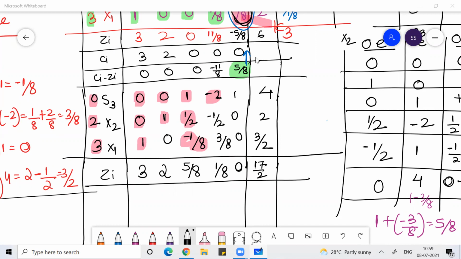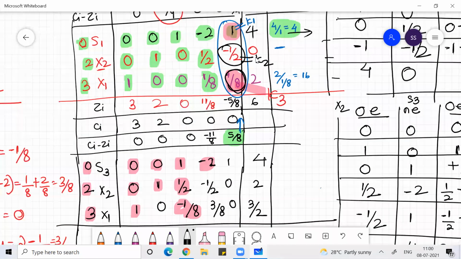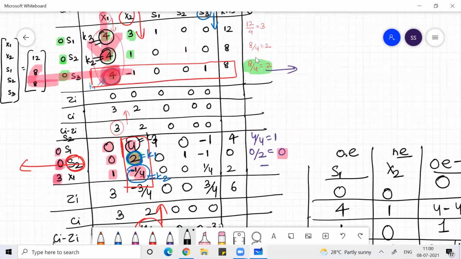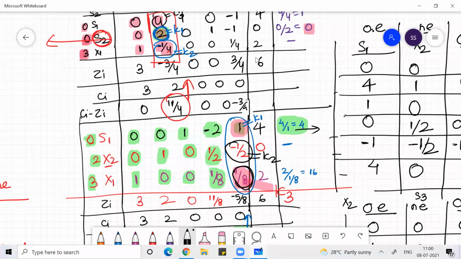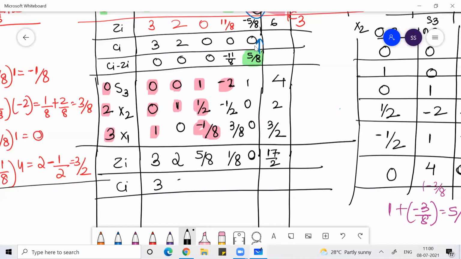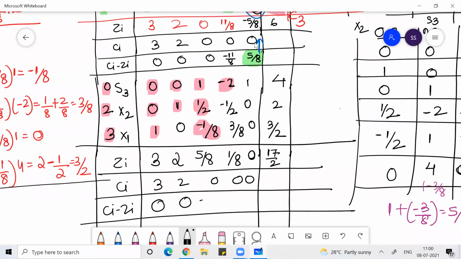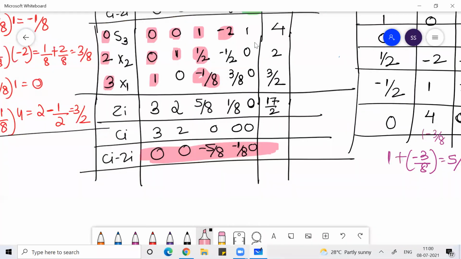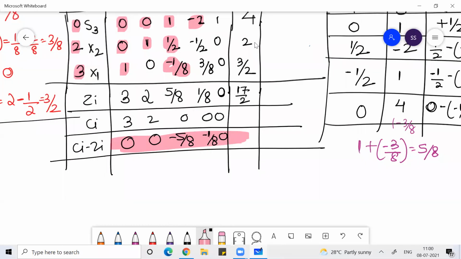Now what you can do, you can directly subtract, because maybe you don't know the Ci values. The Ci values are 3, 2, 0, 0, 0. You can find Ci minus Zi. This is 0, 0, minus 5 by 8, minus 1 by 8, 0. All your Ci minus Zi is either 0 or negative. Okay, that means now you got the optimal solution.